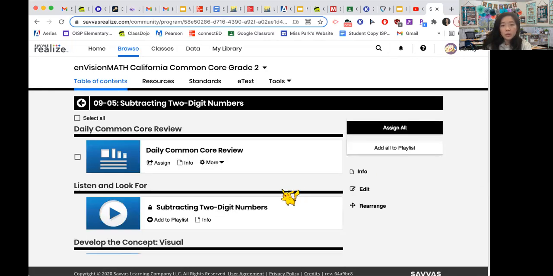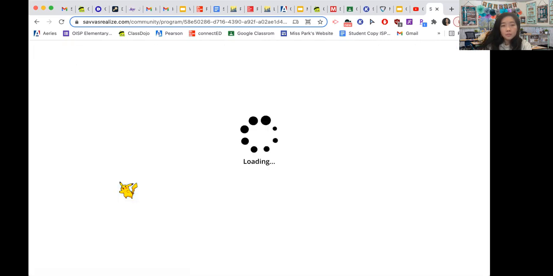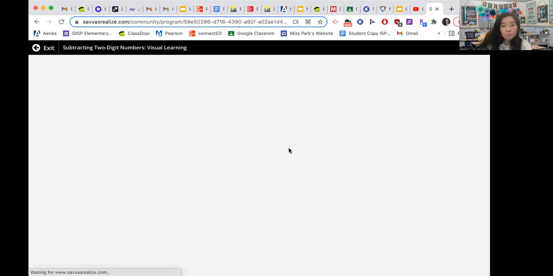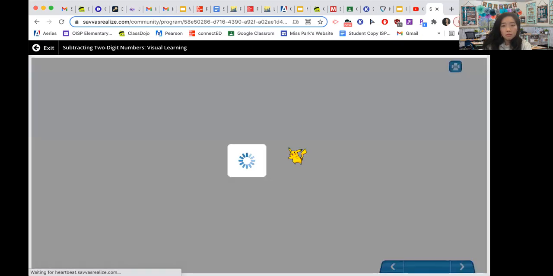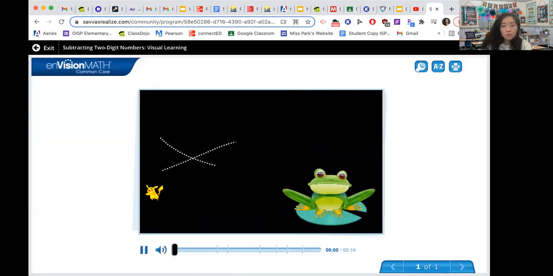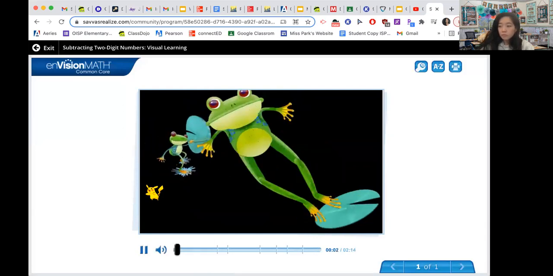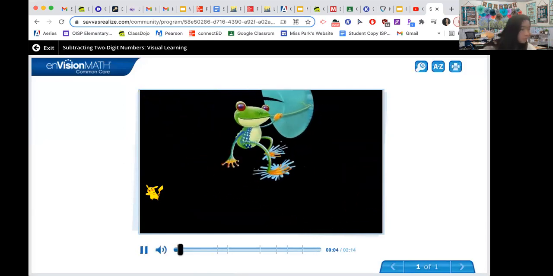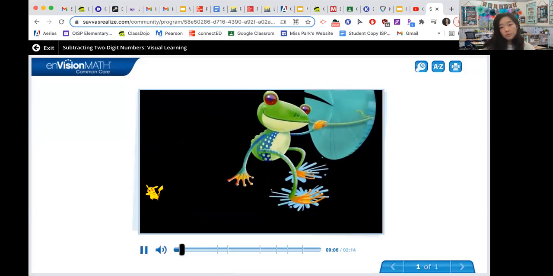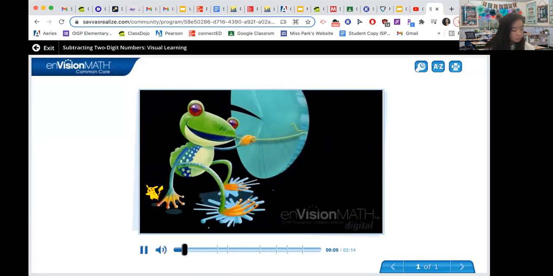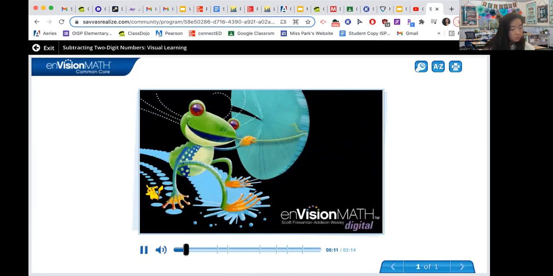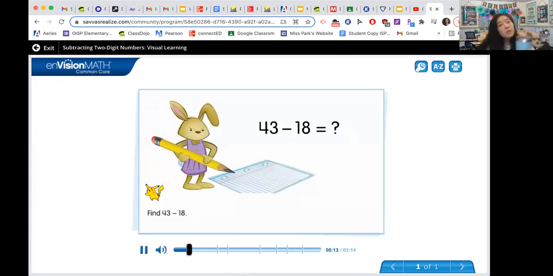Subtracting two-digit numbers. Find 43 minus 18.